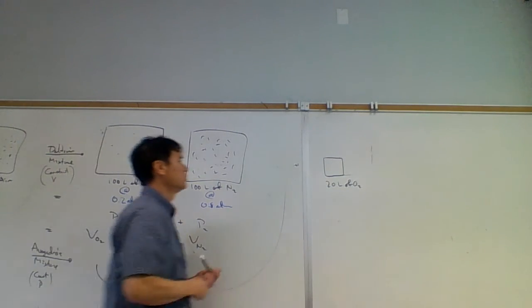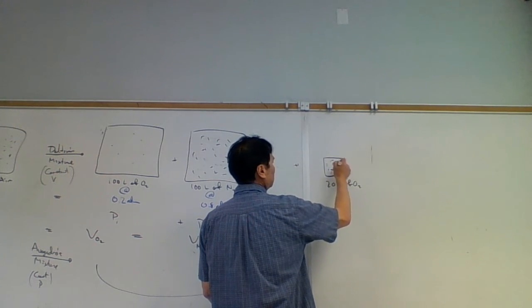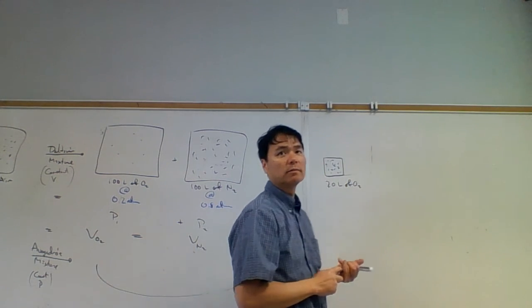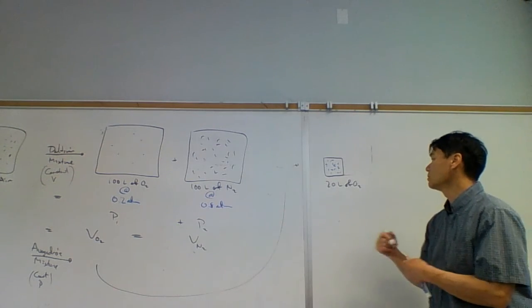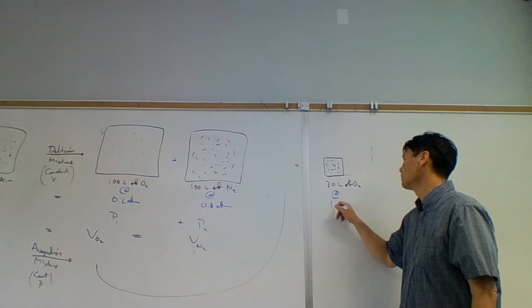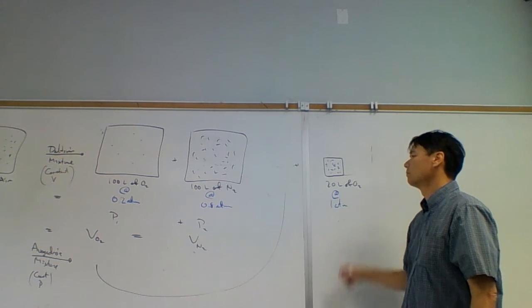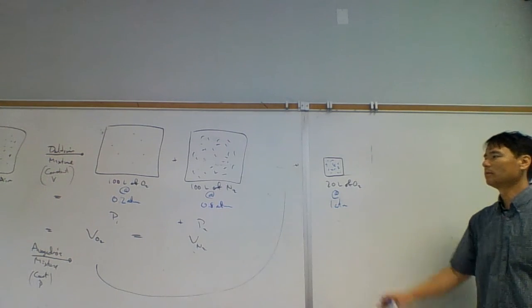What that's going to do is put a lot of oxygen in a smaller volume. And it turns out that if I shrink it from 100 liters to 20 liters, the pressure increases. The pressure increases to 1 atmosphere. And so I have 20 liters of oxygen at 1 atmosphere.